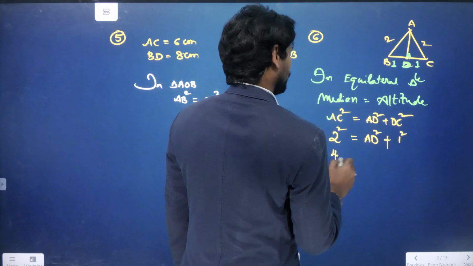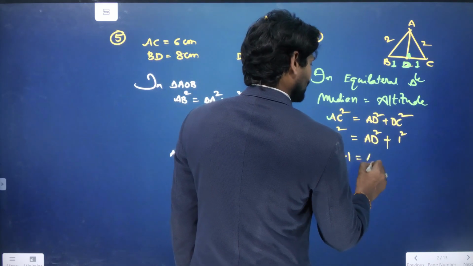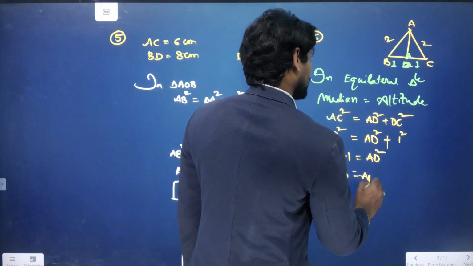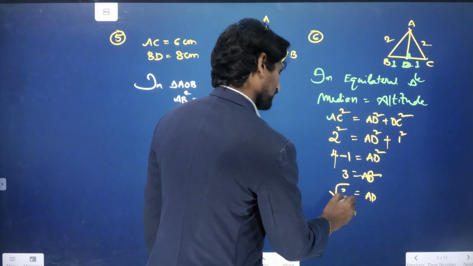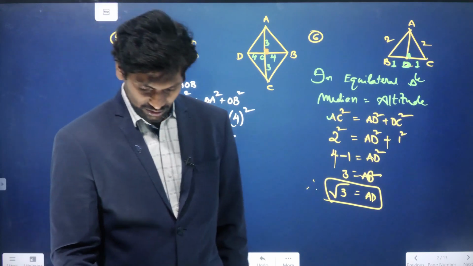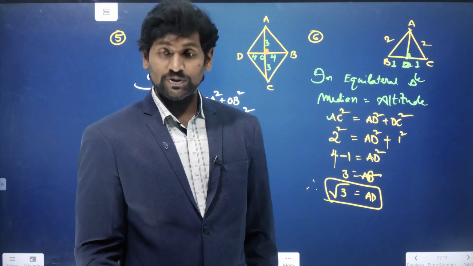So 2 square is 4, 1 square is 1, when you transpose it becomes minus 1, so 4 minus 1 is 3. So 3 equals AD square, then AD equals, when you transpose the square, square root. So the AD value is √3 centimeters or √3 units. Yes, your option number 2.